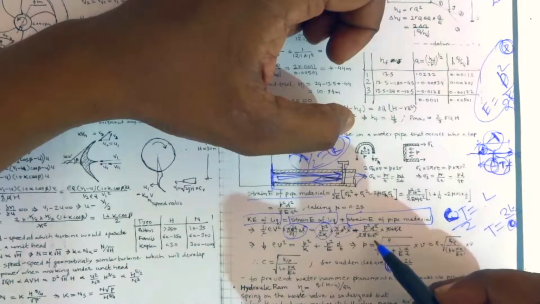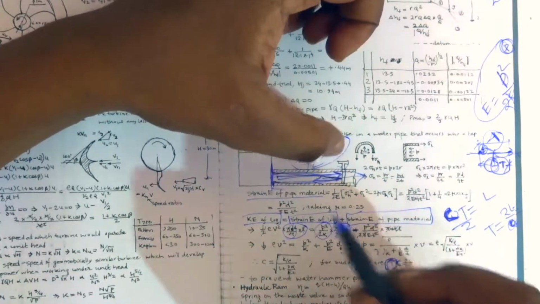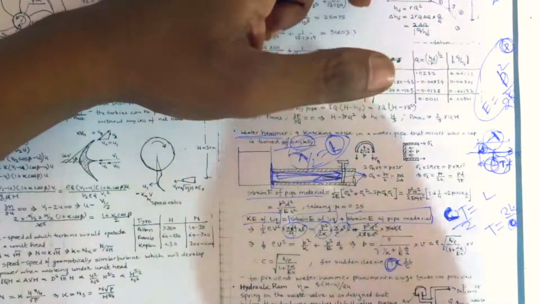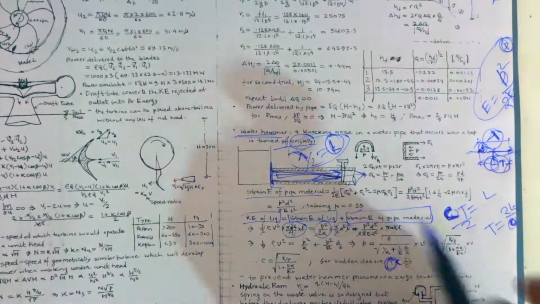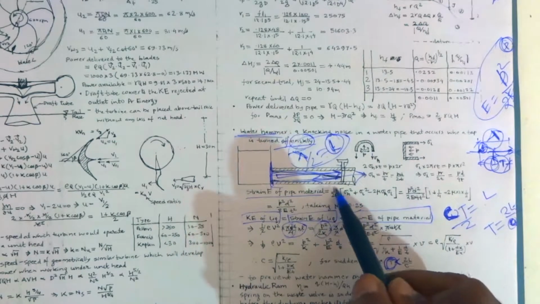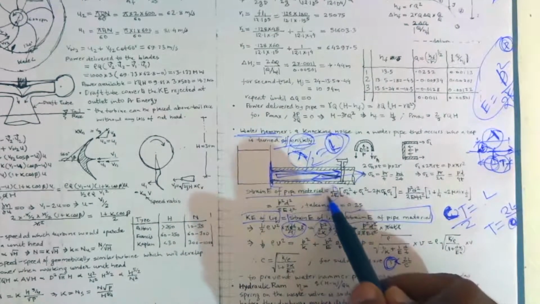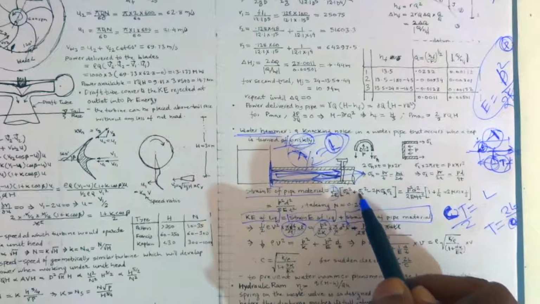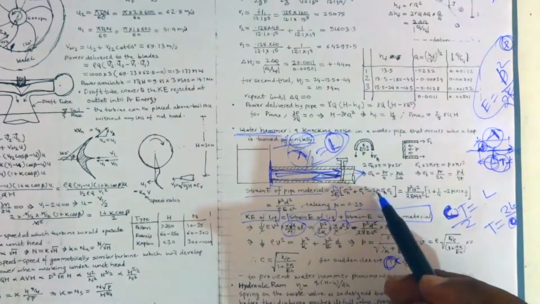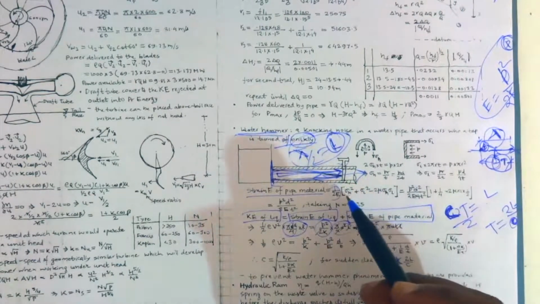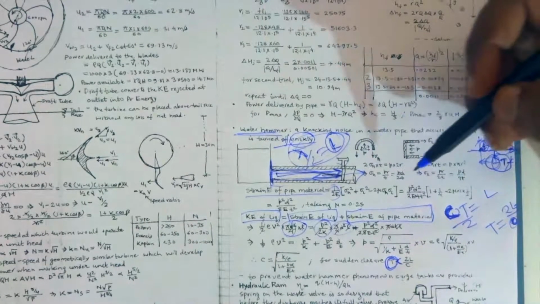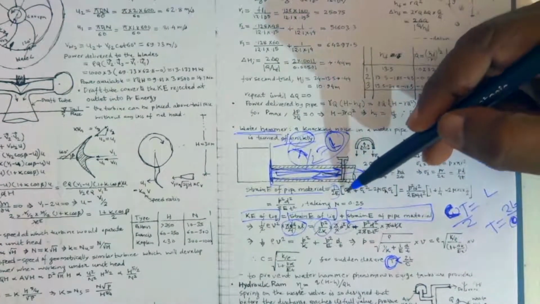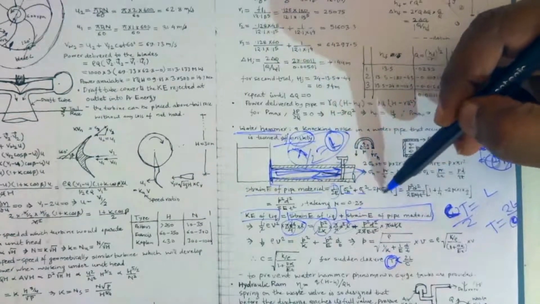For the strain energy of the pipe material, we will have to apply this formula. The total strain energy of the material is sigma 1 square plus sigma 2 square minus 2 mu sigma 1 sigma 2, over 2E. So we will have to calculate sigma h and sigma l here.